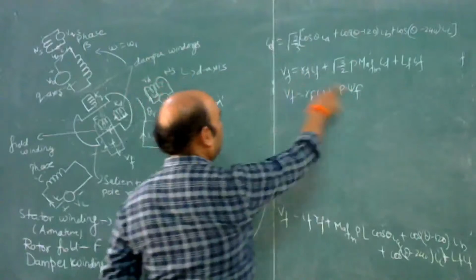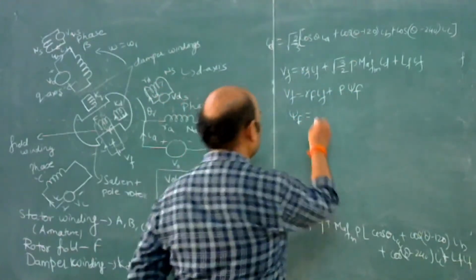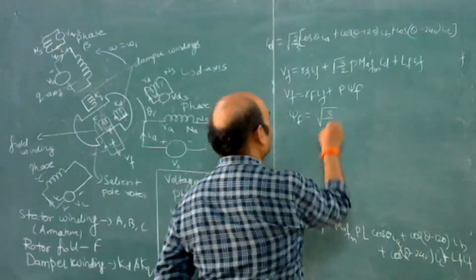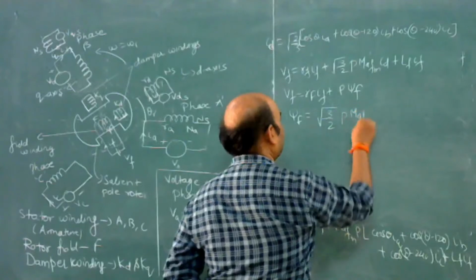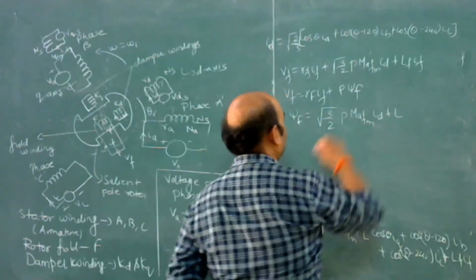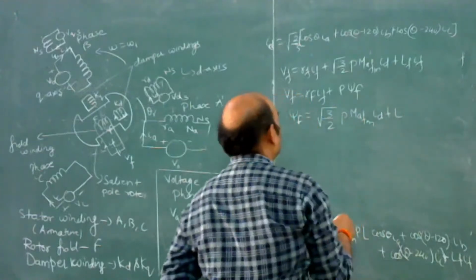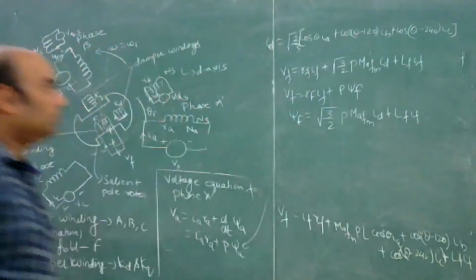So on comparing this, IF will be equal to root 3 by 2 M_AF_N IB plus NF into.